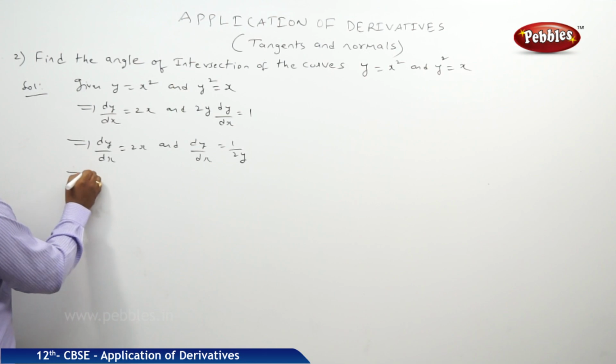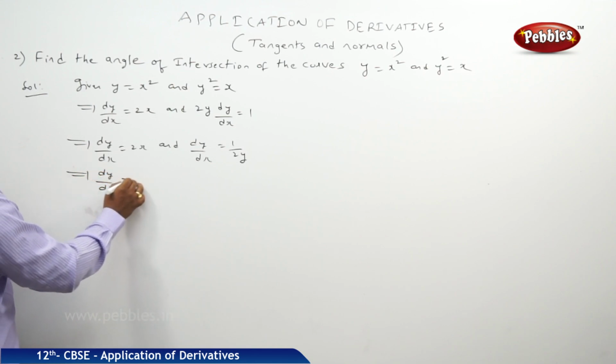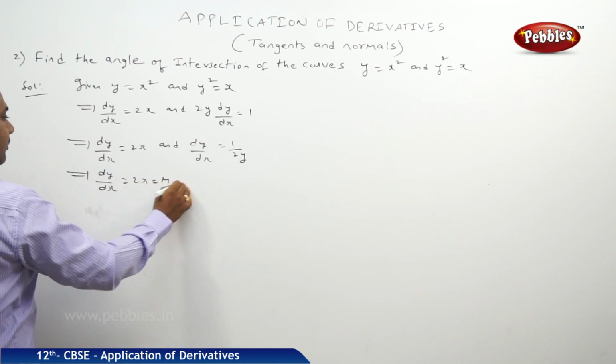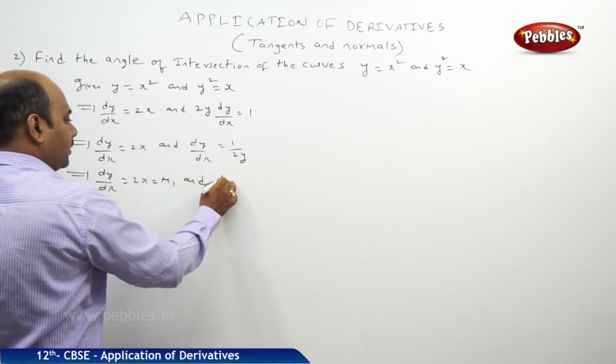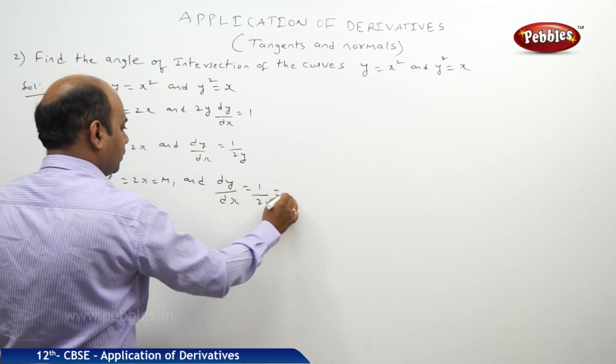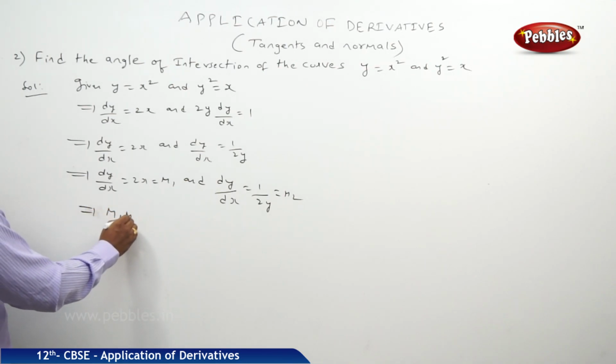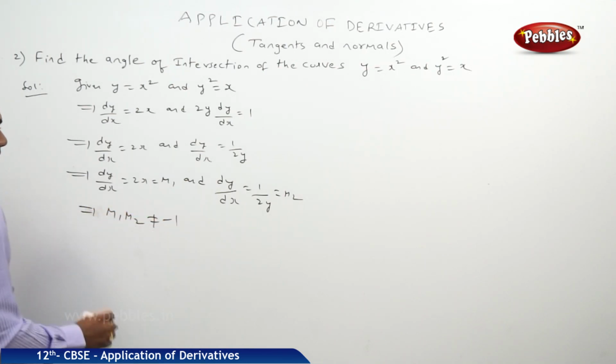If I call dy by dx is equal to 2x as m1 and dy by dx is equal to 1 by 2y as m2, what can I observe? m1 m2 is not equal to minus 1.